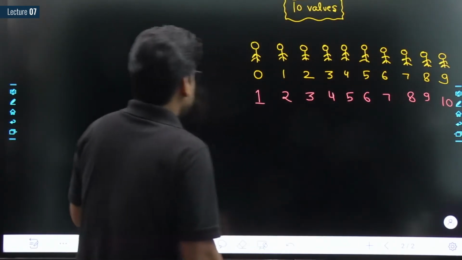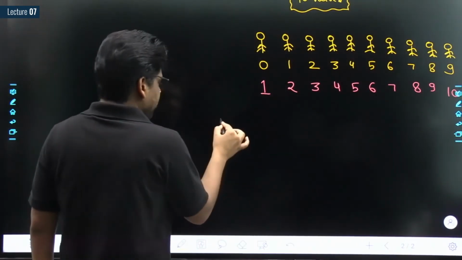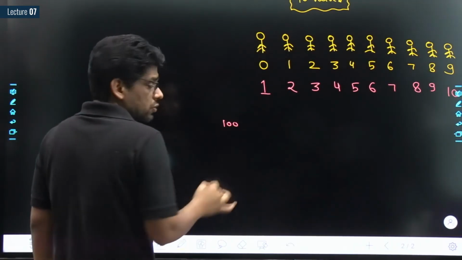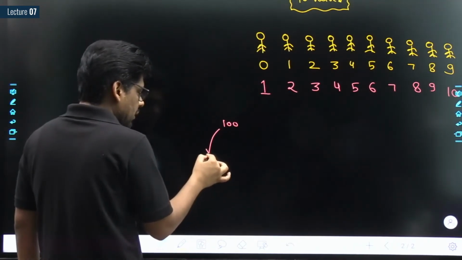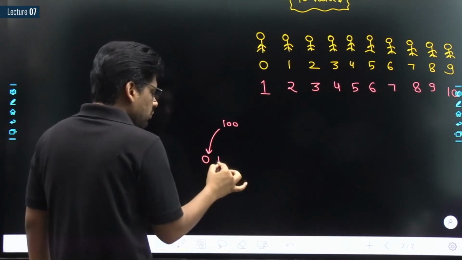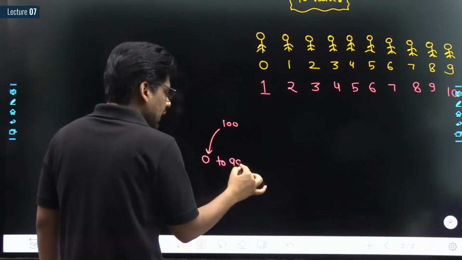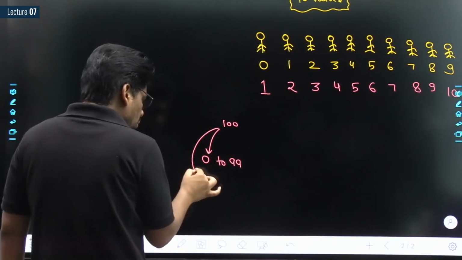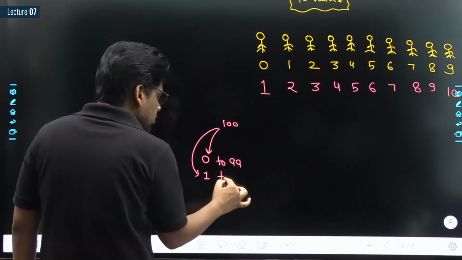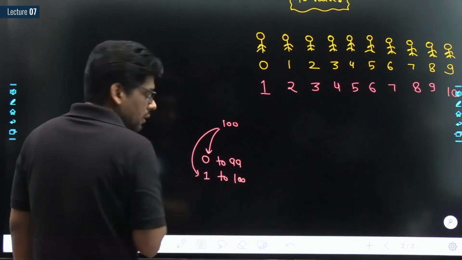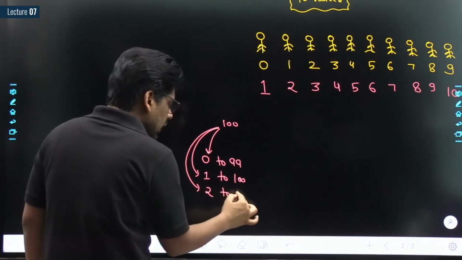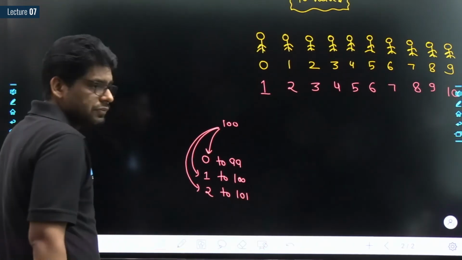What I am saying is, sir, if I have 100 values, and you start counting from 0, then it goes till 99. But if you start the counting from 1, it goes till 100. If you start the counting from 2, it will go till 101.